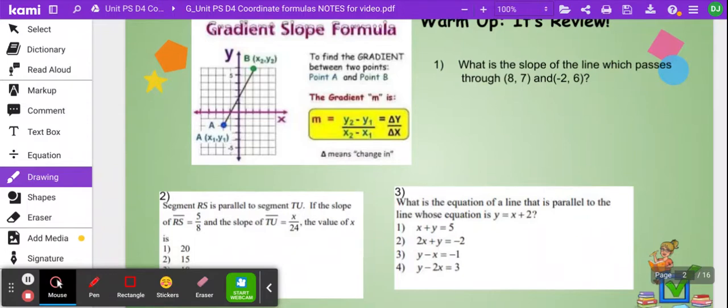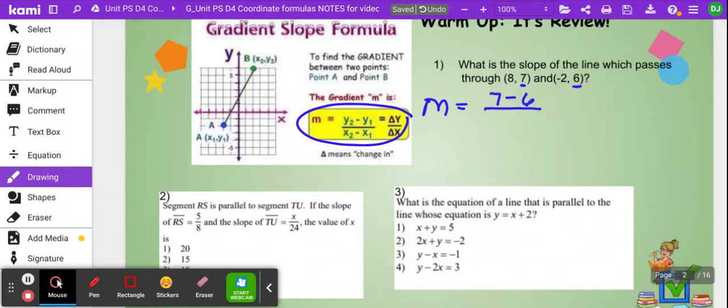Okay, so let's look at number 1. How do we find the slope between 2 points? Well, we're going to use the slope formula, which is right here. Remember, slope is a number. And what do we need to do? We need to subtract the y's. So I'm going to underline the y's, 7 minus 6.